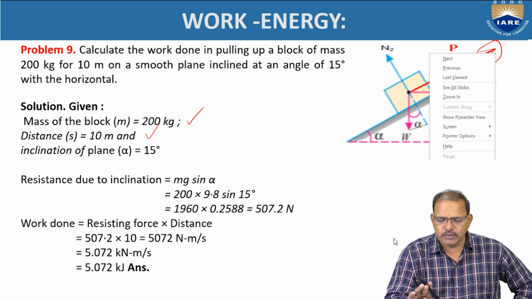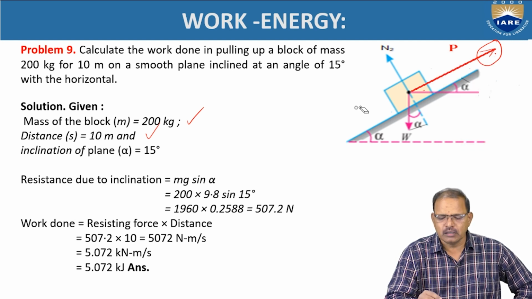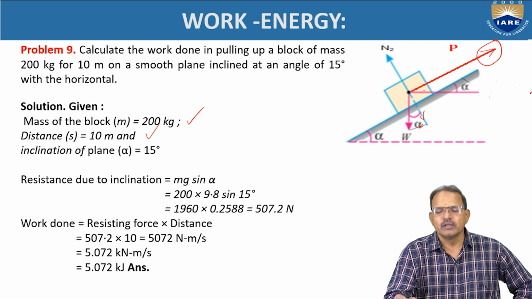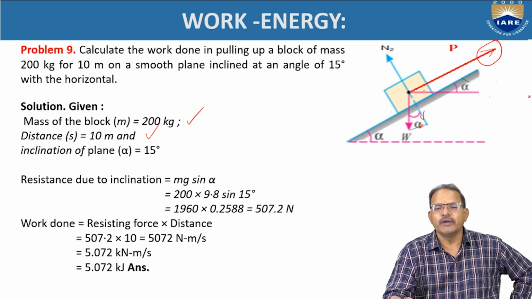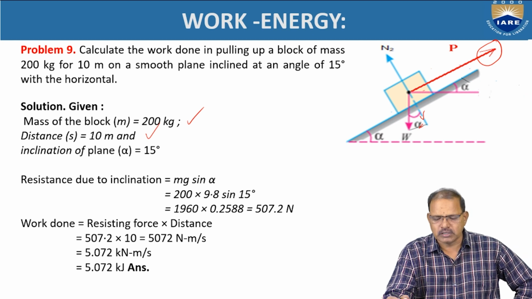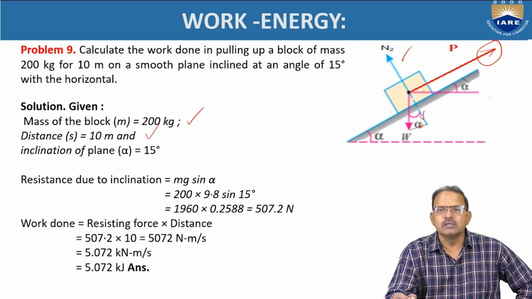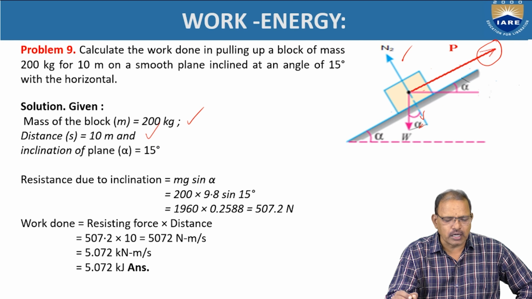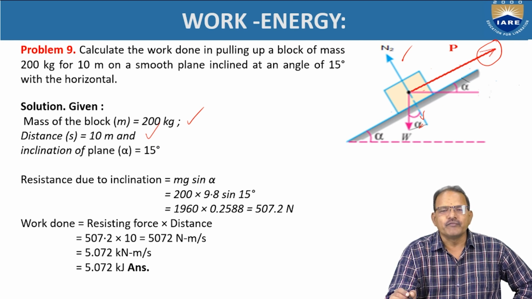Weight W is the weight of the body. It can be resolved into two components, the perpendicular component and the component along the plane. The component of weight perpendicular to the plane is balanced by the normal reaction N, which acts upward. Since it is moving along a smooth inclined plane, the friction force acting on the body is equal to 0.